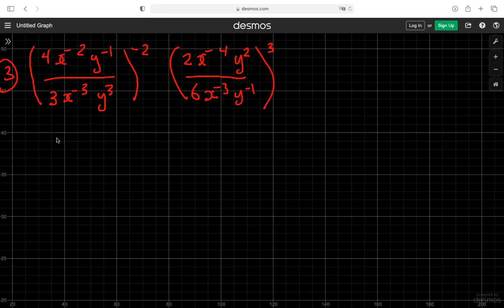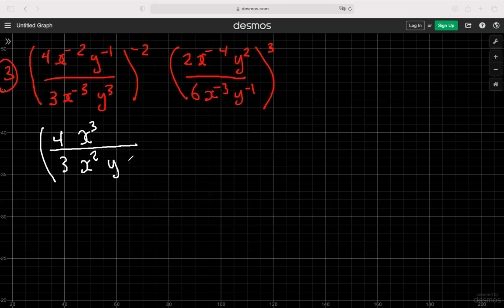So here, the 4 and the 3 you cannot reduce or do anything about. But this x to the -2 goes to the bottom, becomes x squared. That y to the -1 goes to the bottom, becomes y to the 1. And this x to the -3 goes to the top and becomes x cubed.